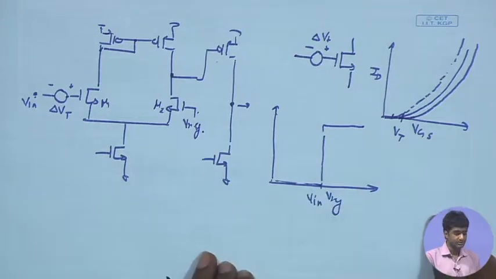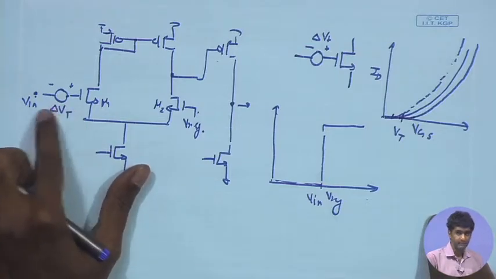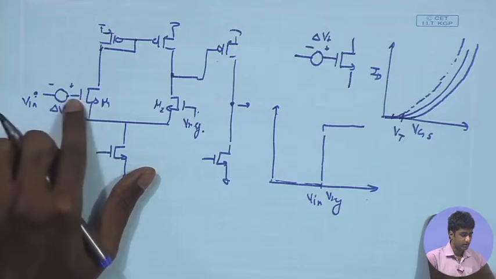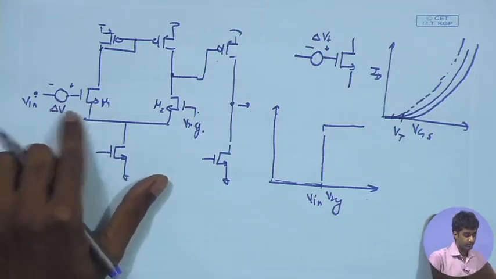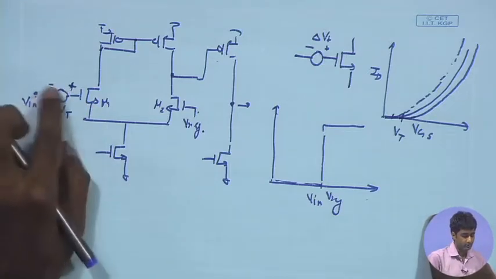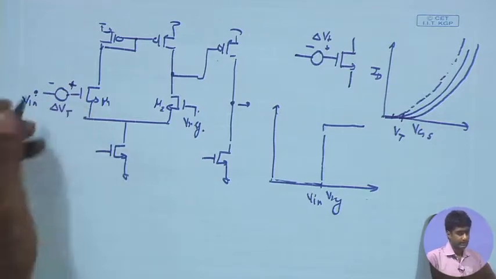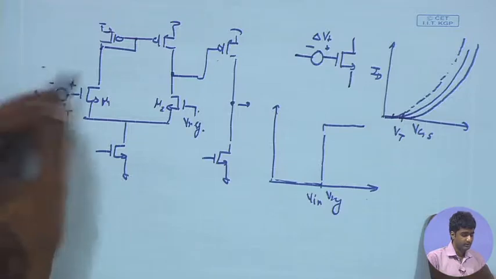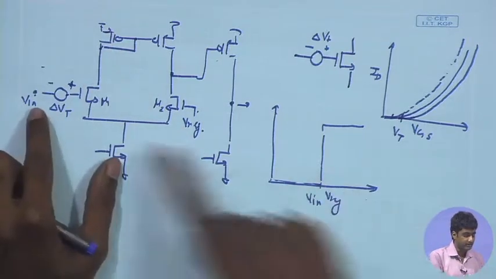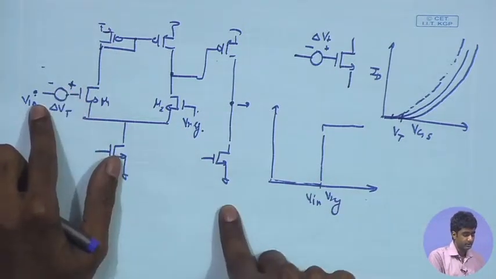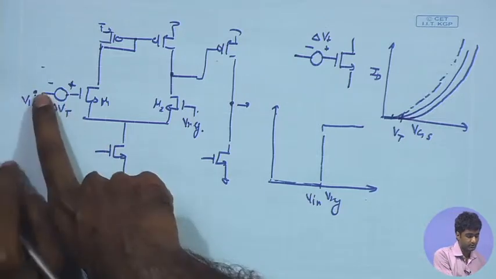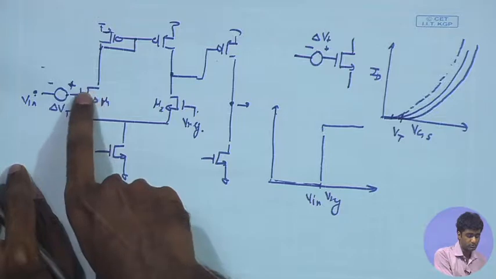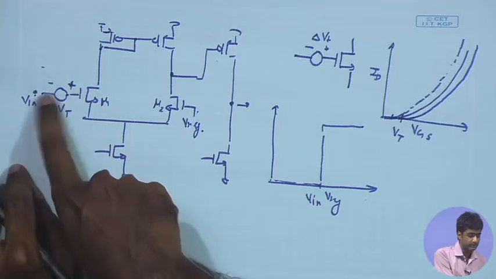This is the ideal characteristics, but now if I have a delta Vt coming over here, that means the effective Vt of this, so the way I have drawn is the positive voltage over here, that means the effective threshold voltage of this M1 has been reduced. So, if I take the polarity over here plus minus, then it is increased. Why? Because if the polarity is plus minus over here, that means a smaller gate voltage over here will be able to turn it on more strongly, because you are having a delta Vt positive over here.